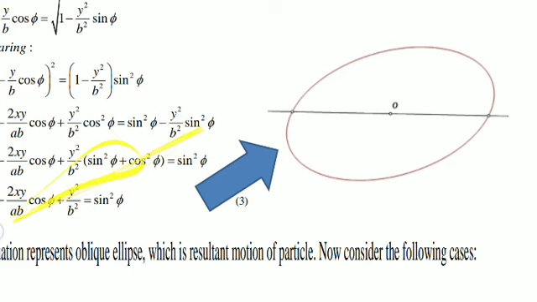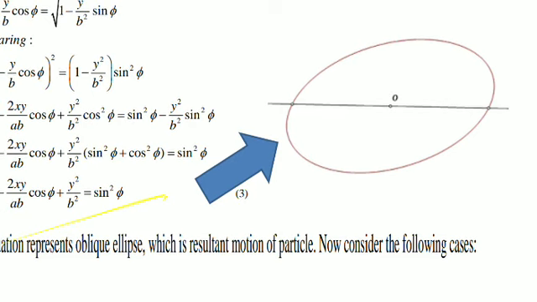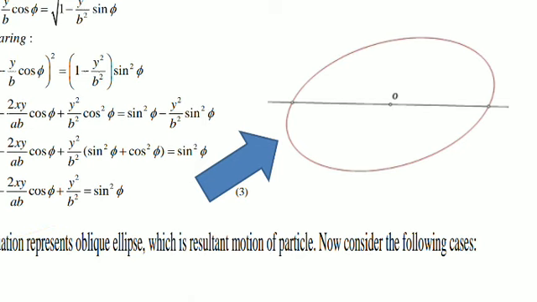And on the right hand side you will be having only sin square phi. So sin square phi plus cos square phi is nothing but 1. So finally you are getting this particular equation. X square by a square minus twice xy divided by ab into cos phi plus y square by b square is equal to sin square phi.